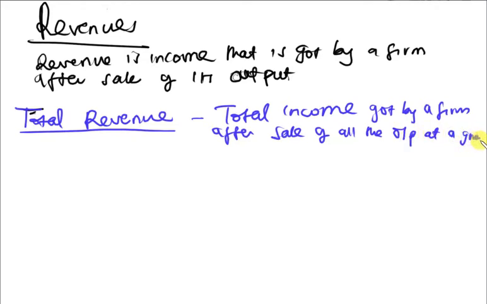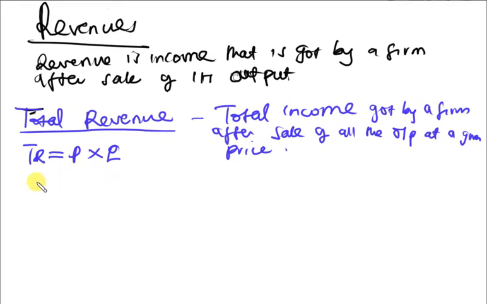Of course, the revenue is always less the tax. So this is the total income got by a firm after selling all the output it has at a given price. So of course, the formula of the total revenue would be the price times the quantity you have. You have the total revenue.